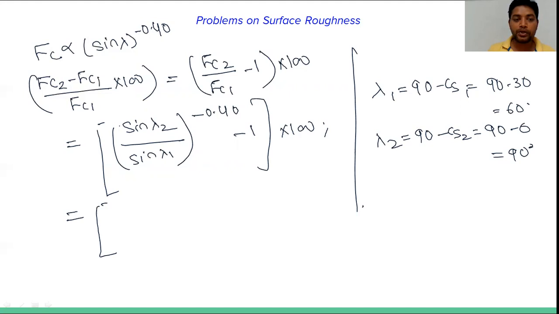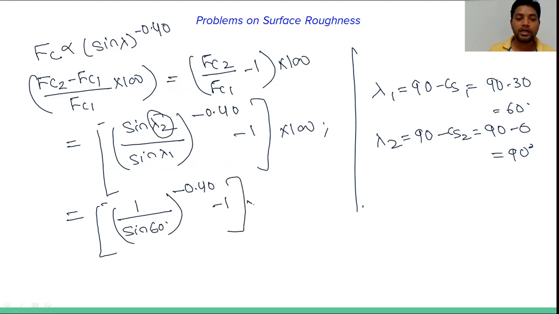So first, for lambda 2, when you put 90 degrees, sine 90 is 1, and this will be sine 60, raised to minus 0.40, minus 1, into 100.